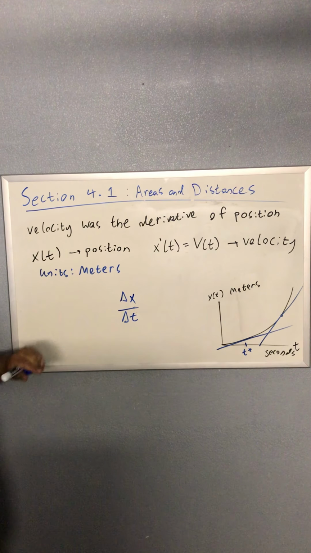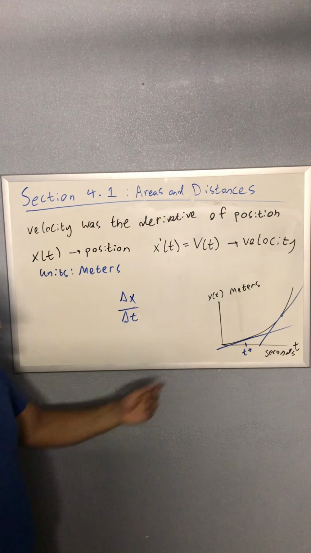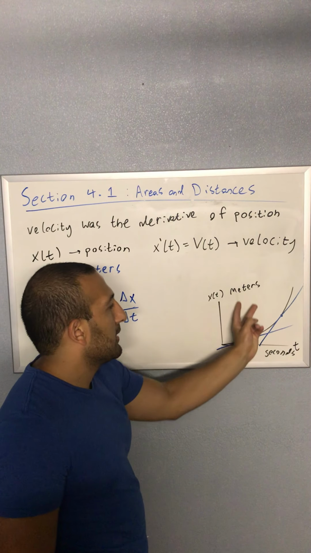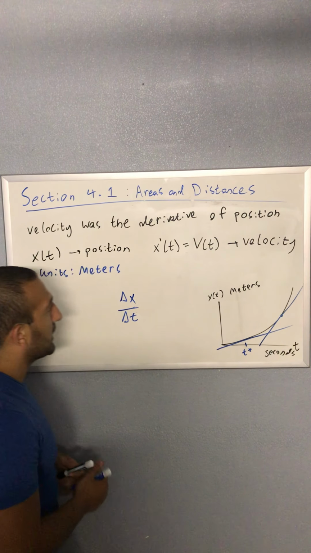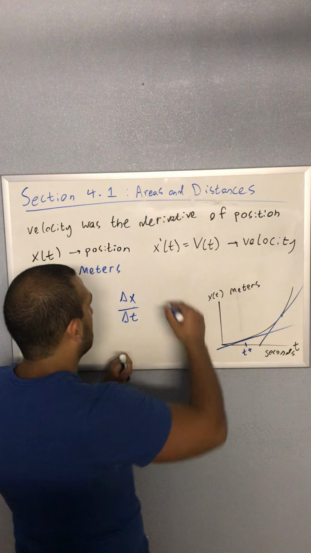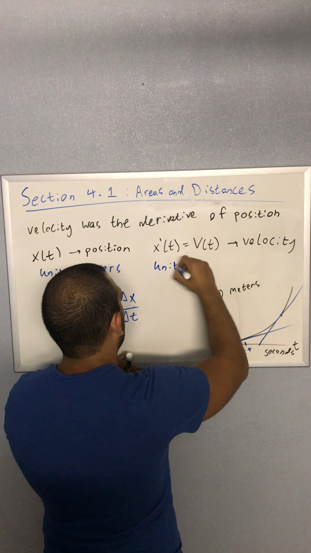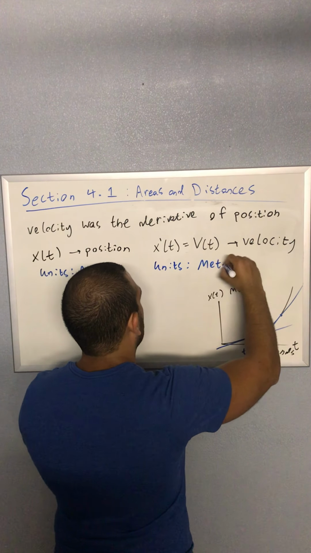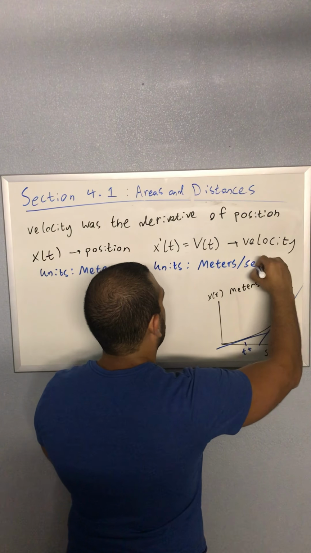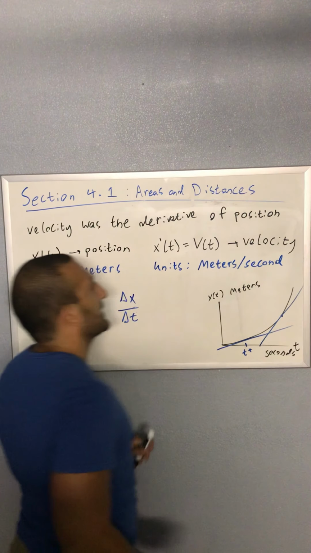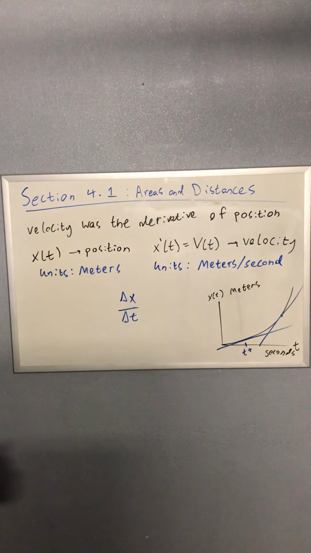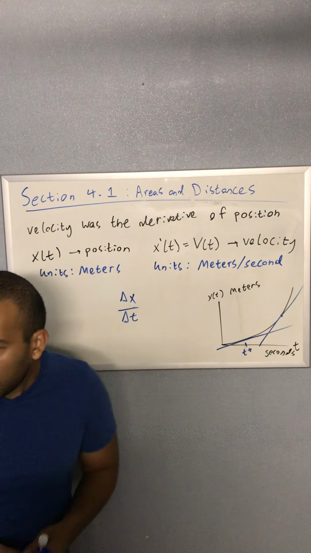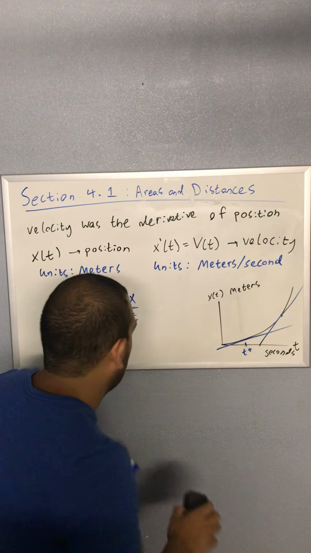But it's just a division of the units of the output by the units of the input. So the units of this guy, because it's a slope, these are meters per second. It's a velocity, makes sense, right? Meters per second. Okay.